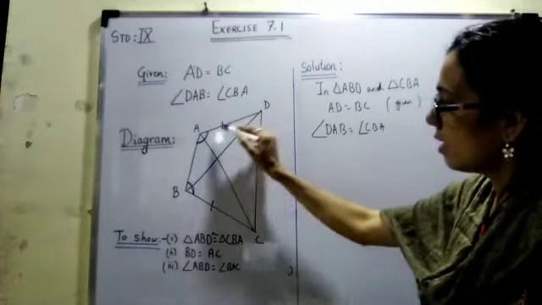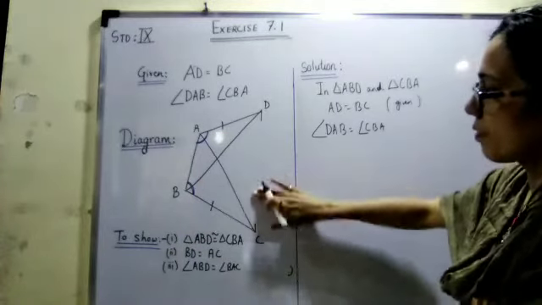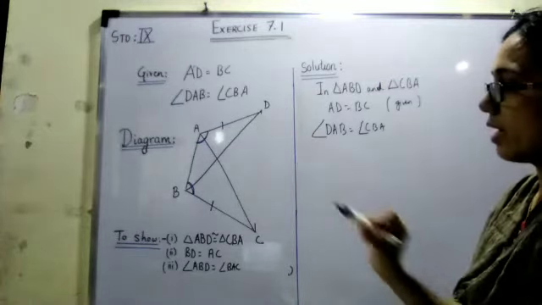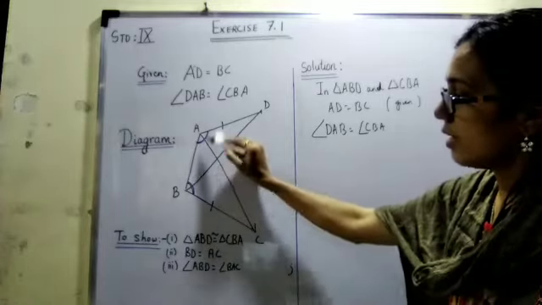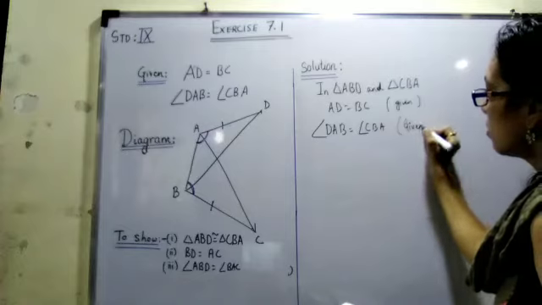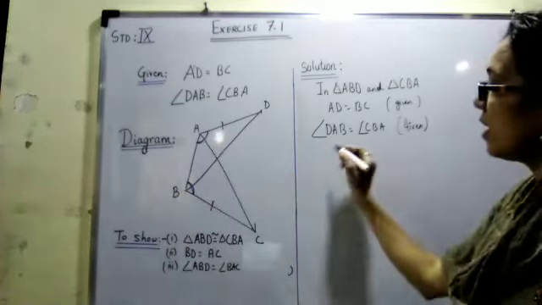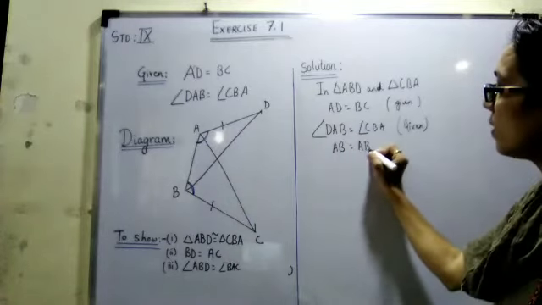In this triangle and in this triangle, just forget about this right now. If you just forget about this, you can see two triangles. In these two triangles, AD is equal to BC given. This angle is congruent to this. This is also given to us. And if you see it carefully, AB side is common in both. So I will write down AB is equal to AB.